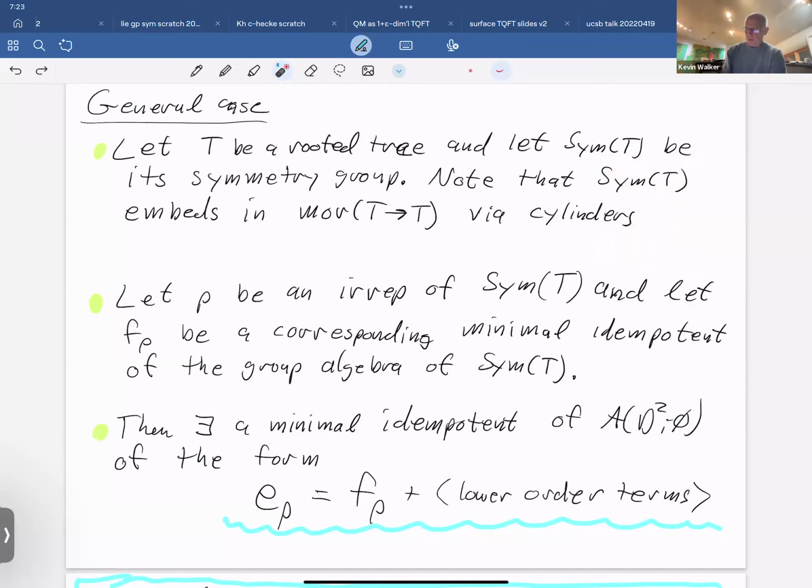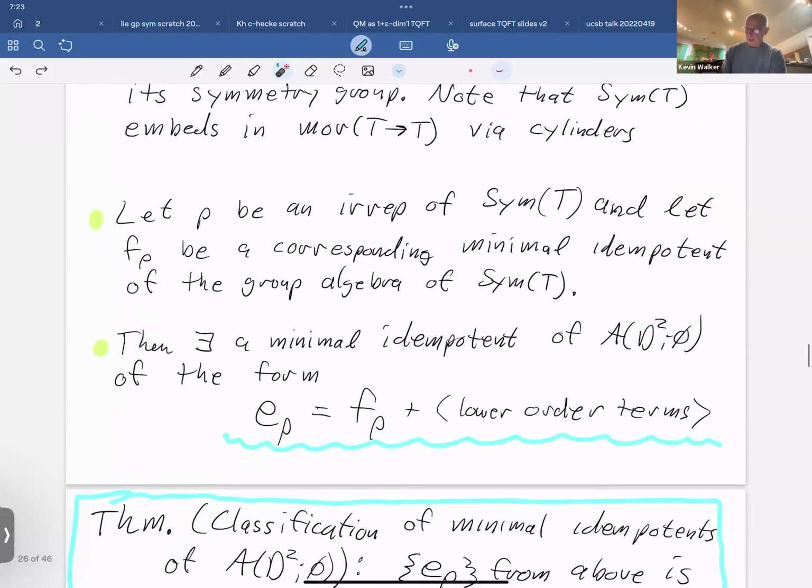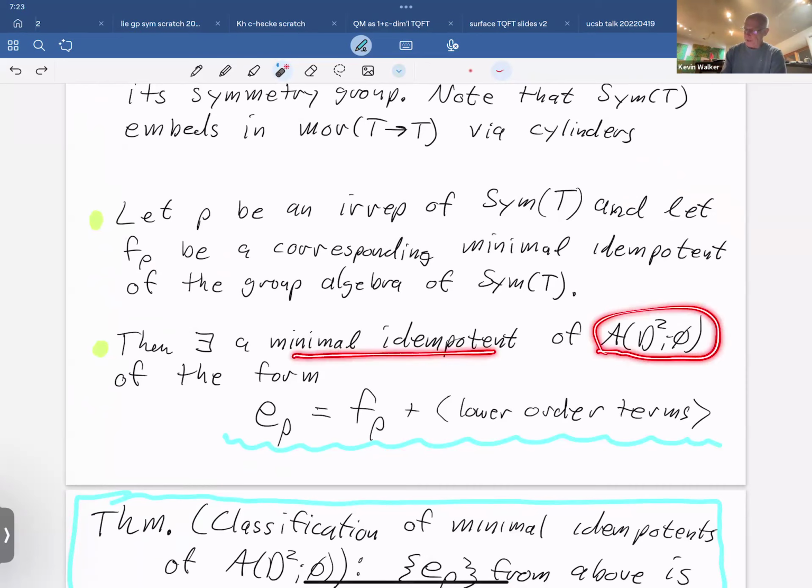And now let's choose an irreducible representation of this finite group and take the corresponding idempotent, or minimal idempotent, in the group algebra. Then, just by usual ideas that will be familiar from lower dimensional examples, there exists a minimal idempotent of this category whose leading term, highest order terms, look like f sub p.